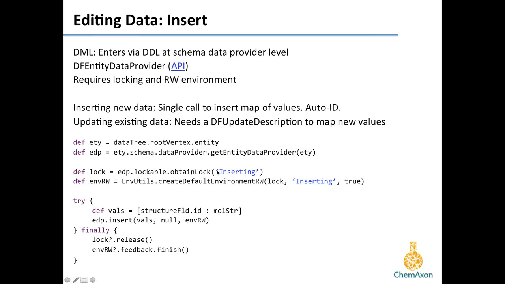We're going to create a lock for this entity data provider, and then we're going to create a read-write environment that we're just going to label inserting, because all we're doing is inserting a row of data. So down here in our try finally block, we're going to build up a map of values that we want to insert. In this case, it's based on the key and value, but it's always based on the key and value for the field and then the value that you want to insert.